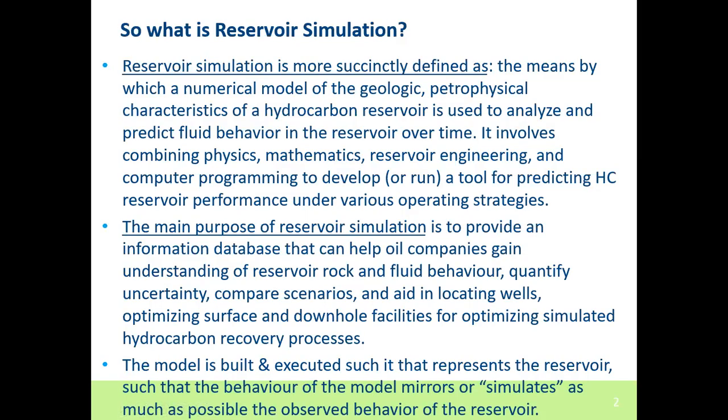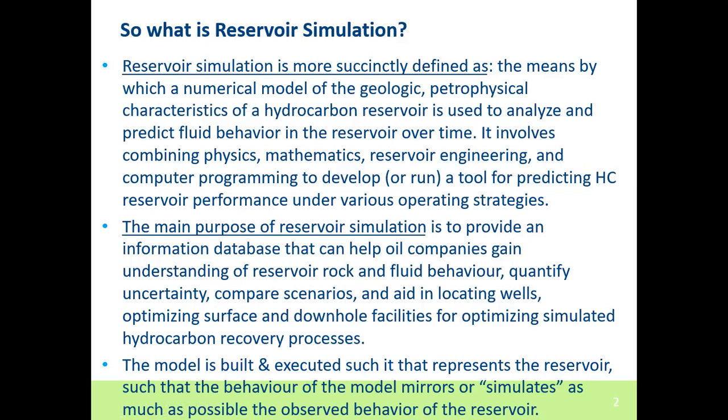In the past, we've looked at what reservoir simulation is all about, but just to recap, reservoir simulation is more succinctly defined as the means by which a numerical model of the geologic and petrophysical characteristics of a hydrocarbon reservoir is used to analyze and predict fluid behavior in the reservoir over time.